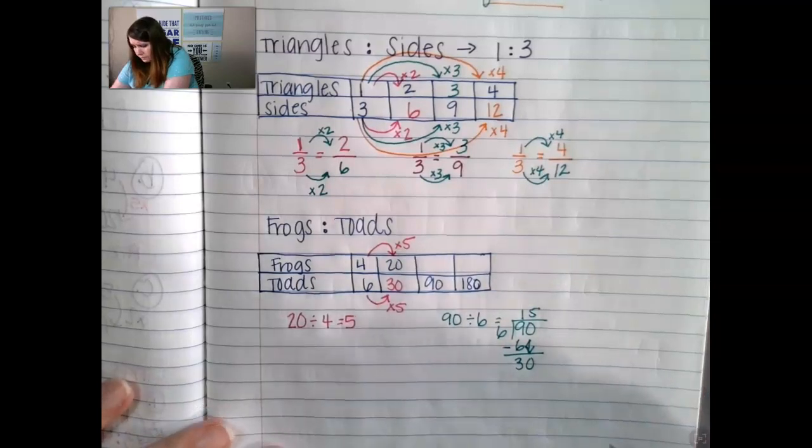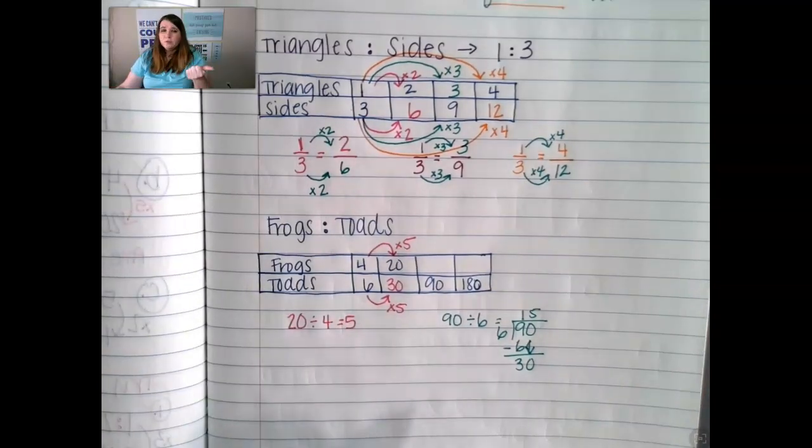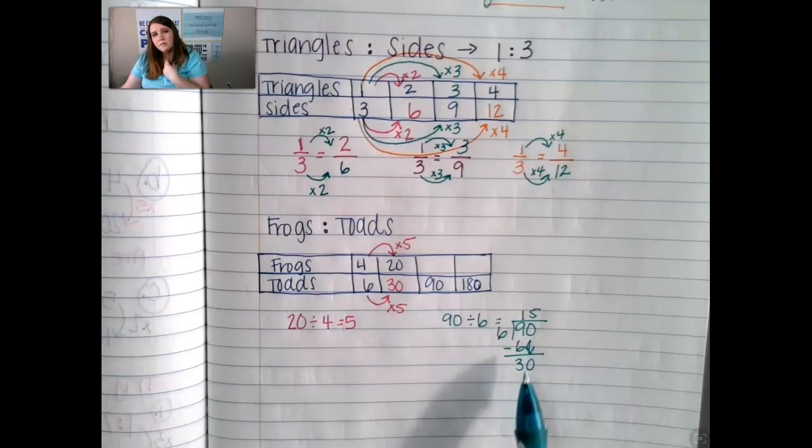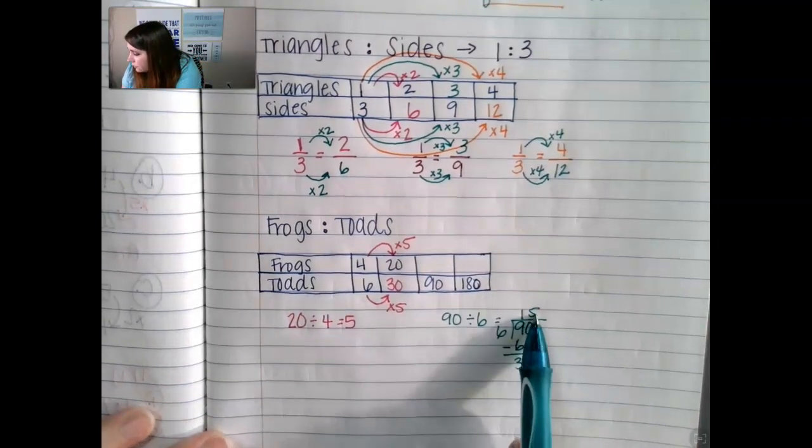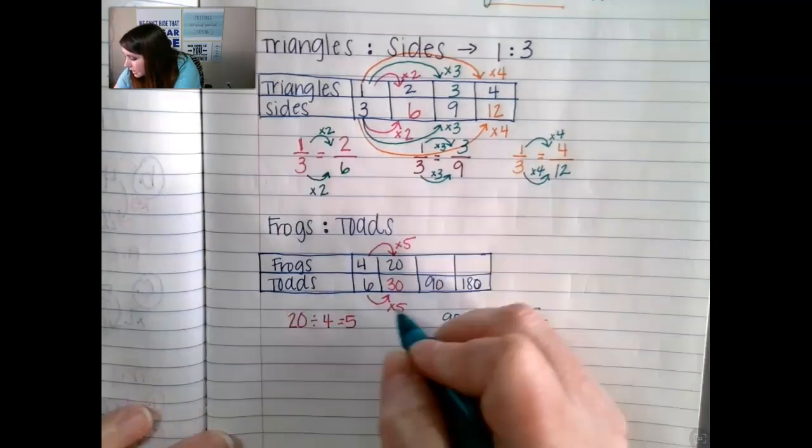Oh, that makes sense because 15, 30, 45, 60, 75, 90. Oh, that makes a lot of sense when I count by 15s. But if I don't know that off the top of my head, using some long division will help break that problem down. So 6 times 15 gives us 90.